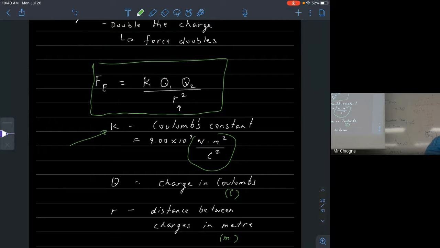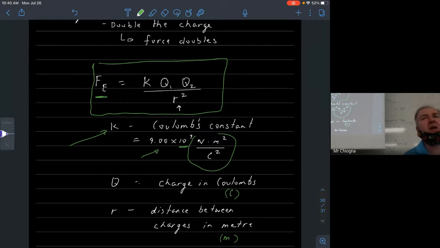Look at the size of this exponent. It's 10 to the 9 compared to Newton, which is 10 to the minus 11. For comparable sized objects, the electric force is a lot bigger. And it's because this constant is a lot bigger than the gravitational constant. You don't need much charge to feel an electric force.